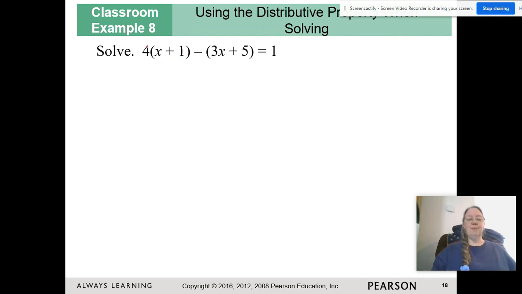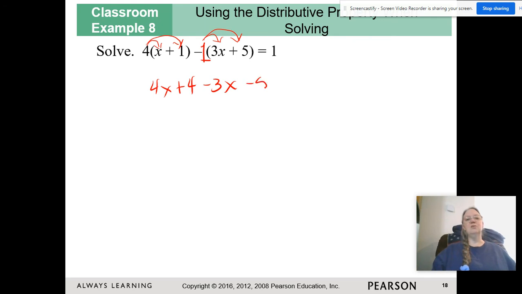This one, you have to pay particular attention because you have to distribute. So we're going to distribute the 4, and we're going to distribute the 4. This one is the same as if there was a little -1 here. So we're going to distribute the -1. So 4 times x, 4 times 1, -1 times 3x, -1 times 5.